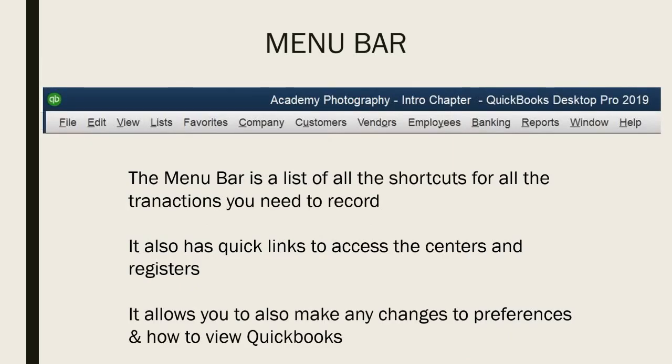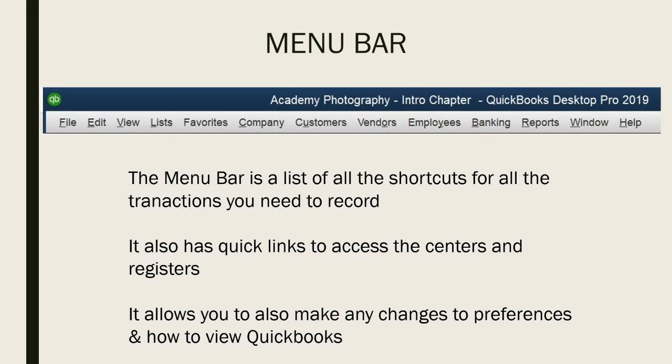The third thing that I want you to recognize is the menu bar. The menu bar is going to be at the top as usual. It's going to be your file, your view, your customers, your company, your vendors. That gray bar is your menu bar.